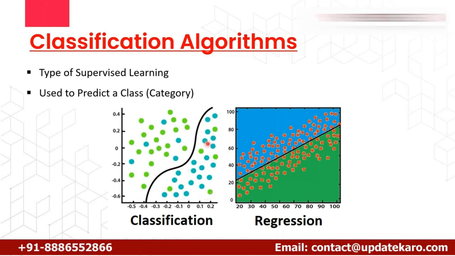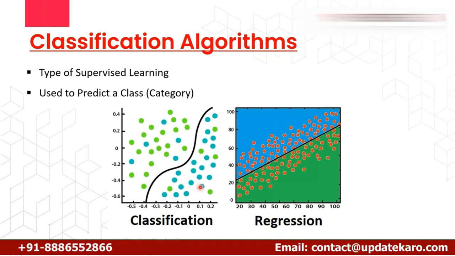So here you can see that we just built a classification model. Don't imagine this only in two dimensions. Let's say we have data with at least 10 columns.